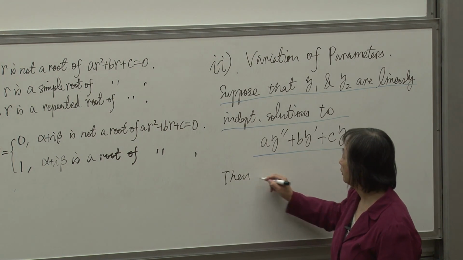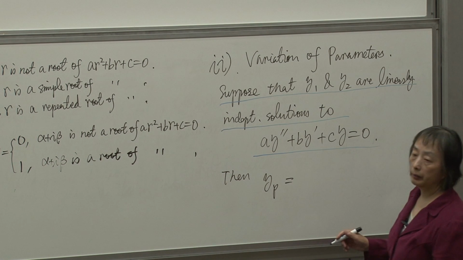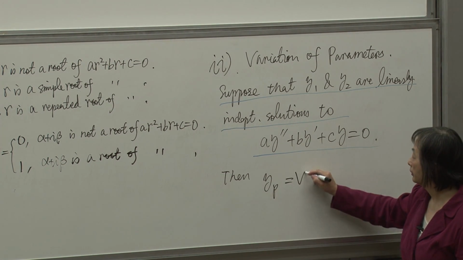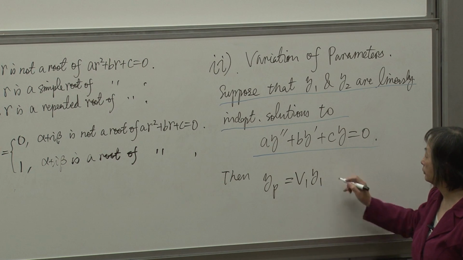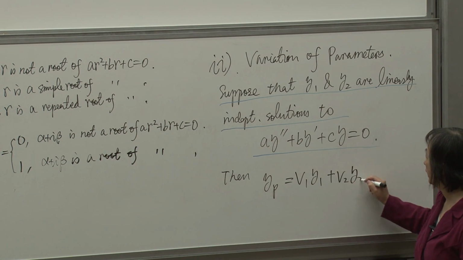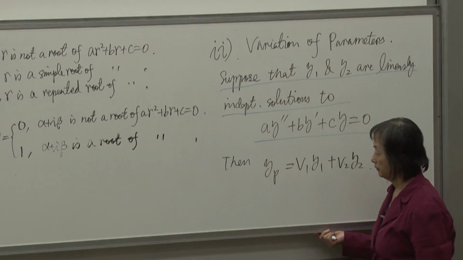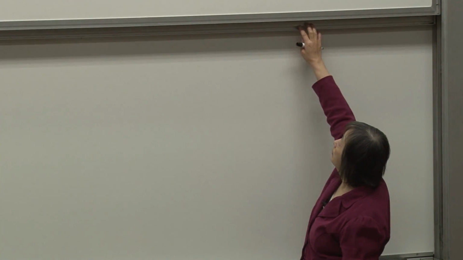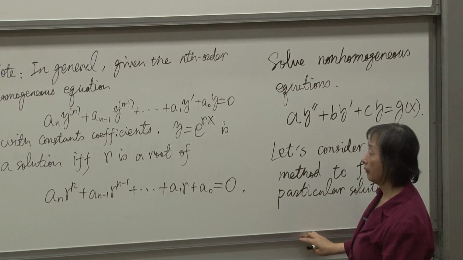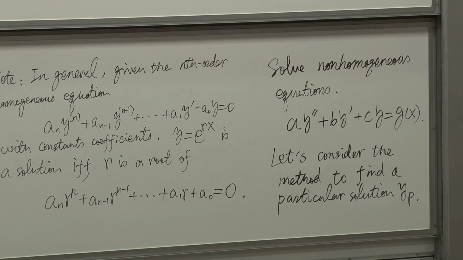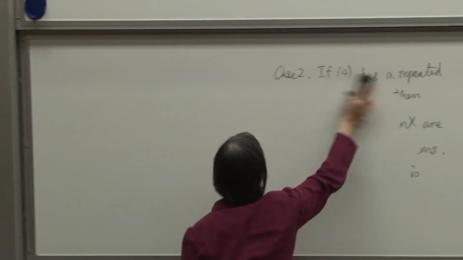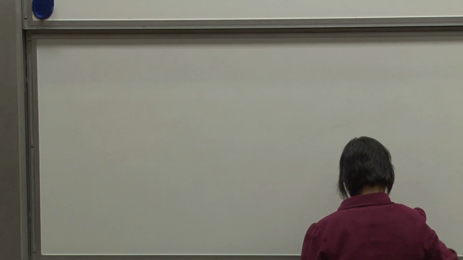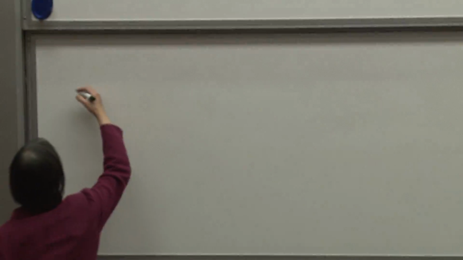Then the particular solution yp can be obtained in the following form. It's v1 times y1 plus v2 times y2. Okay, so how do we find functions v1 and v2?